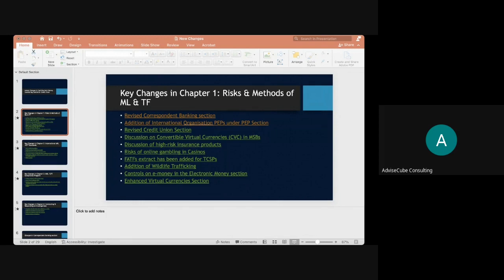Now they have added one more section: exchange houses that convert virtual currencies, sometimes even to fiat currencies. They have mentioned a FinCEN guidance that covers this in detail, and I have provided a link to this guidance document. It's a detailed document, so you can read it later on.